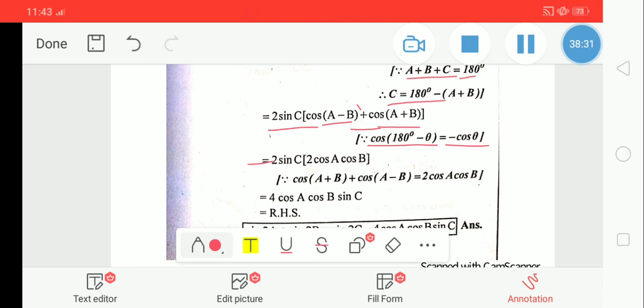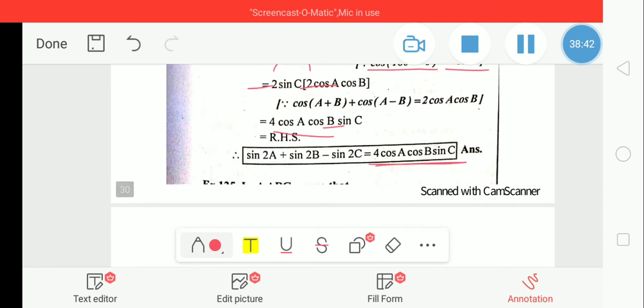So it is 2 sin C times 2 cos A cos B, so 2 multiplied by 2 is 4 cos A cos B sin C. That is what we had to prove, that is the RHS. Hence proved: sin 2A plus sin 2B minus sin 2C gives 4 cos A cos B sin C.